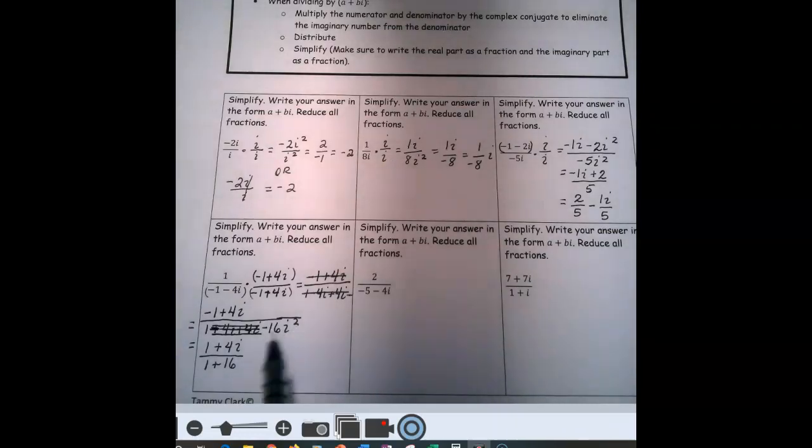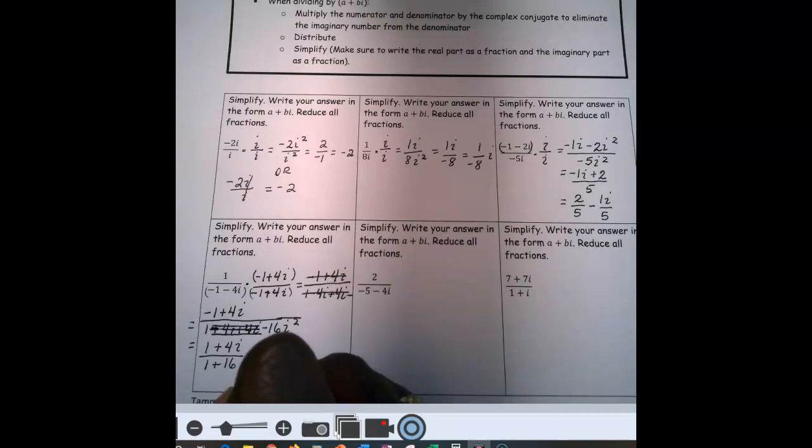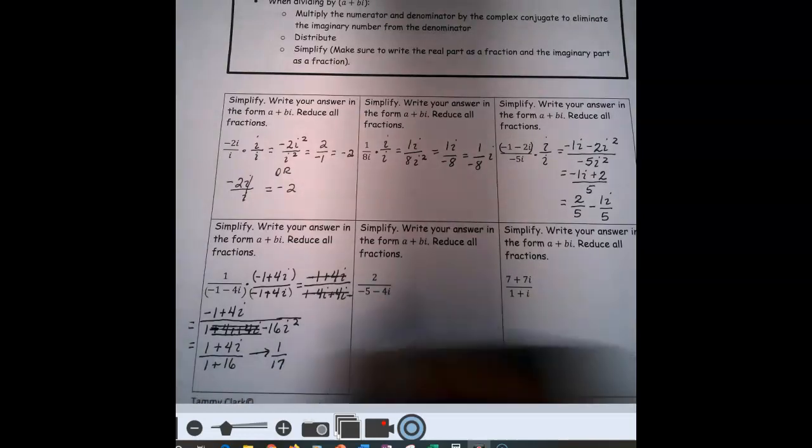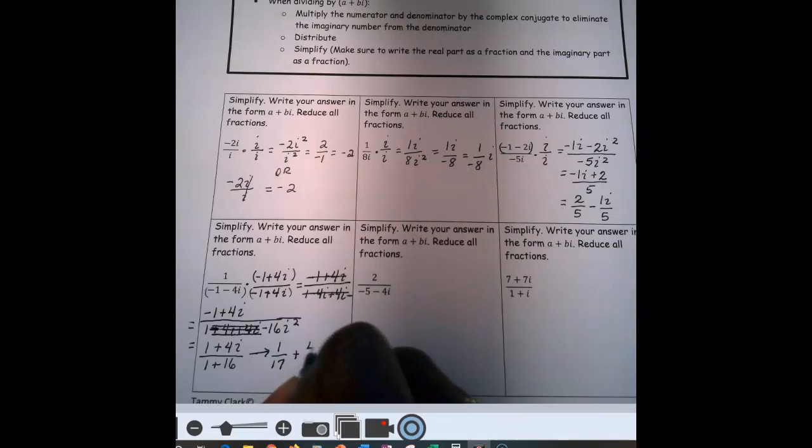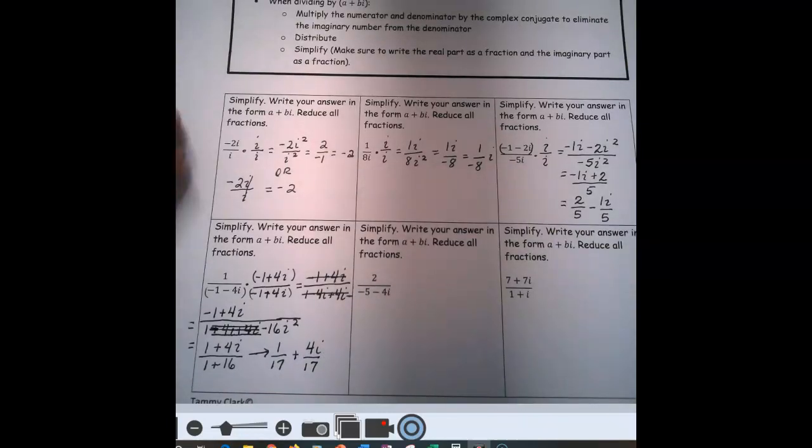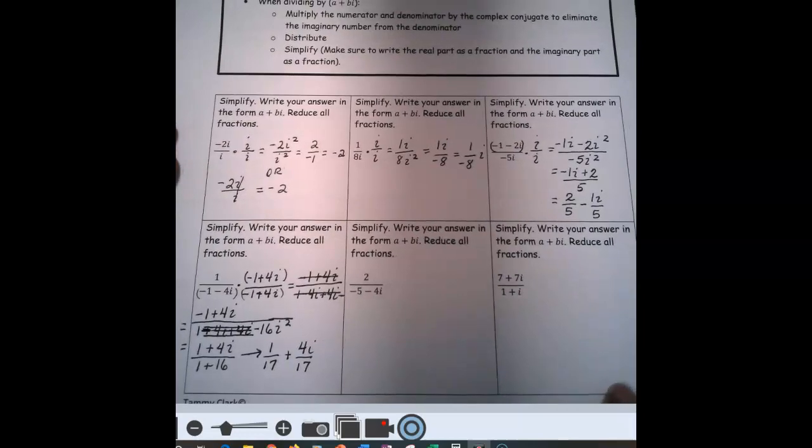So negative 1 times negative 16 is positive 16. That's how I'm getting this value here. So we know that is 17, correct? Yes. So instead, this becomes 1 over 17, and plus 4i over 17. There we go. All right, let's move on.